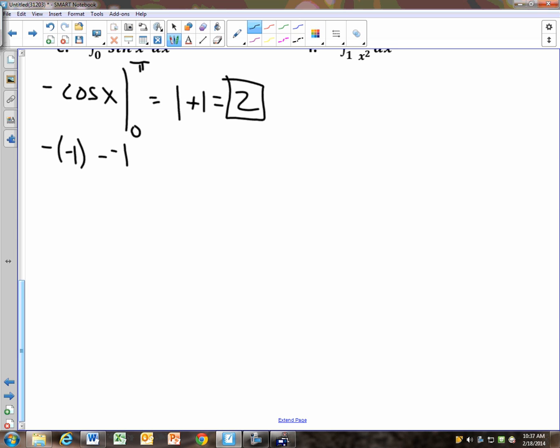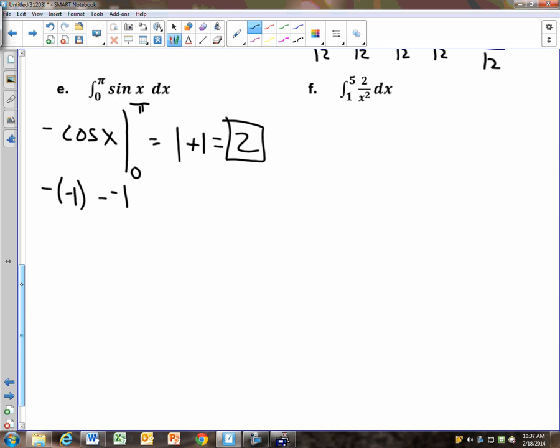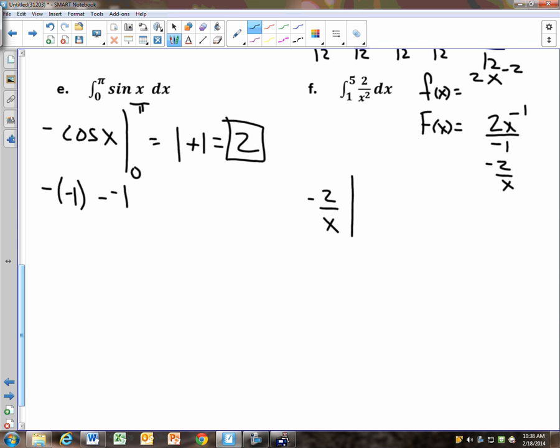And we do one more. 2 over x squared. F of x is 2x to the -2, so that means big F of x is equal to 2x to the -1 over -1, or -2 over x. So we have -2 over x, and we're going to evaluate that from 1 to 5.